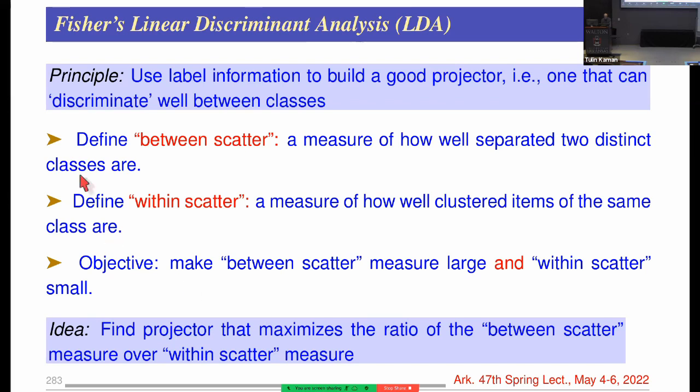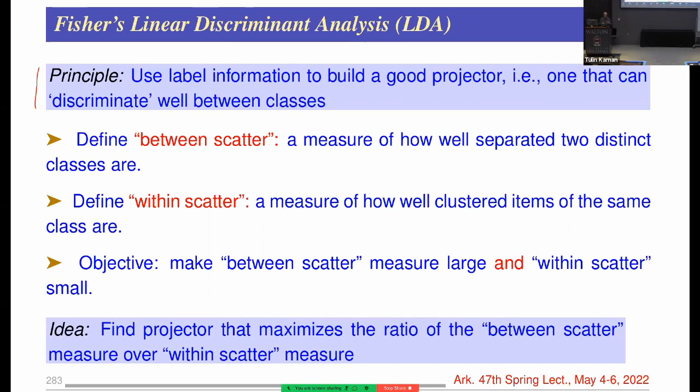This one uses the labels to build a good projector, one that can discriminate well between classes. How do you do that? You define the between scatter, a measure of how well separated distinct classes are, and the within scatter, a measure of how well clustered the items within the same class are.